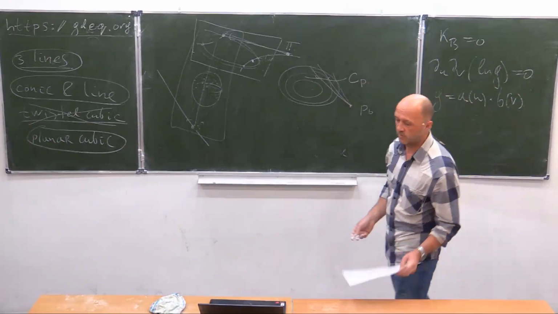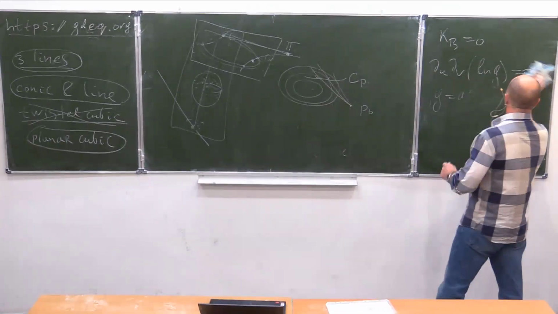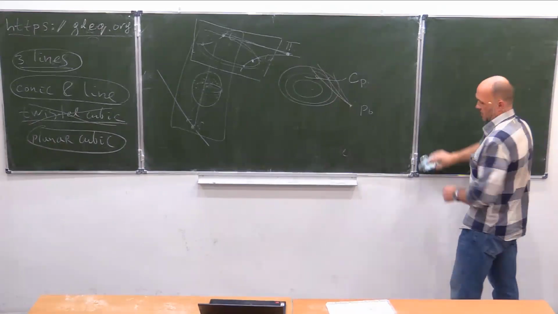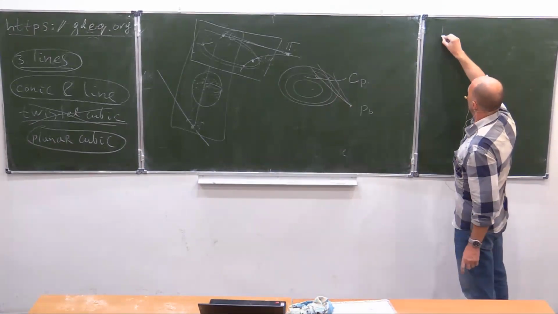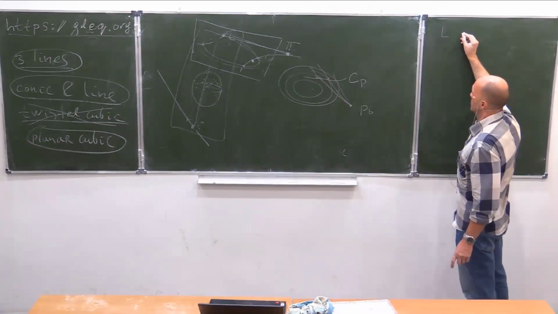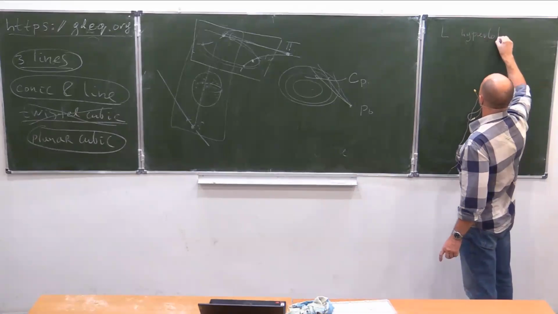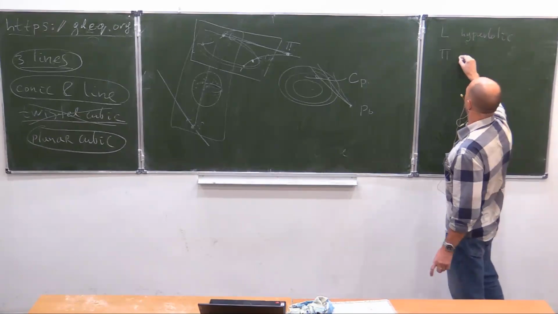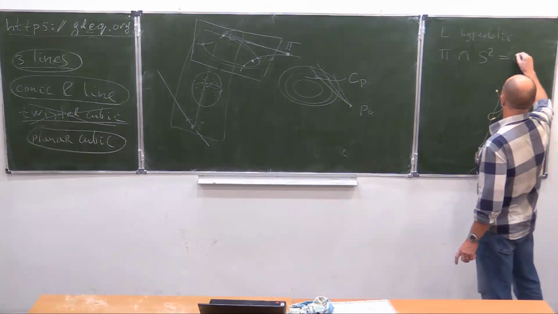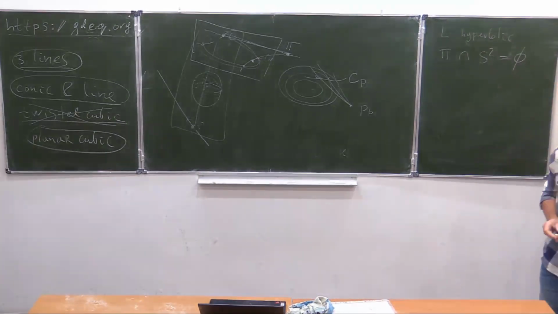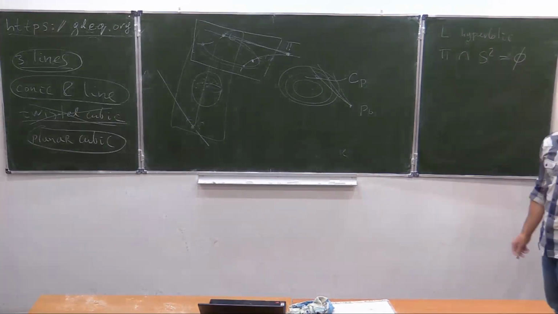So how does it work in the simplest case? Let us consider the case when the line is hyperbolic and the plane P of the polar conic doesn't intersect the Darboux quadric.